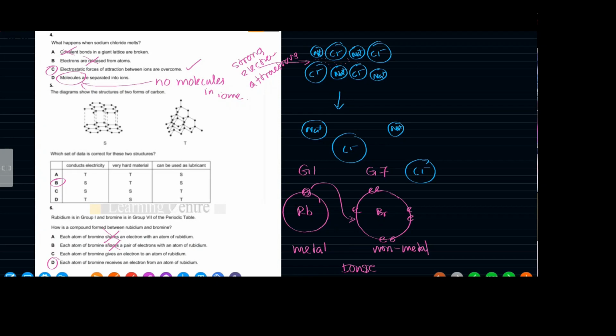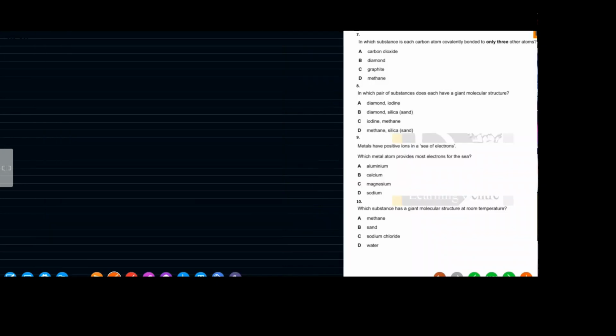Right? Okay. So here, each carbon atom is covalently bonded only to 3 carbon atoms. Right? Carbon dioxide: the carbon-oxygen double bond is there, on the other side. So it is attached to only 2 atoms. Diamond, you can remember, each carbon atom is bonded to 4 other carbon atoms. And graphite is the answer, it has 3 bonds, right?